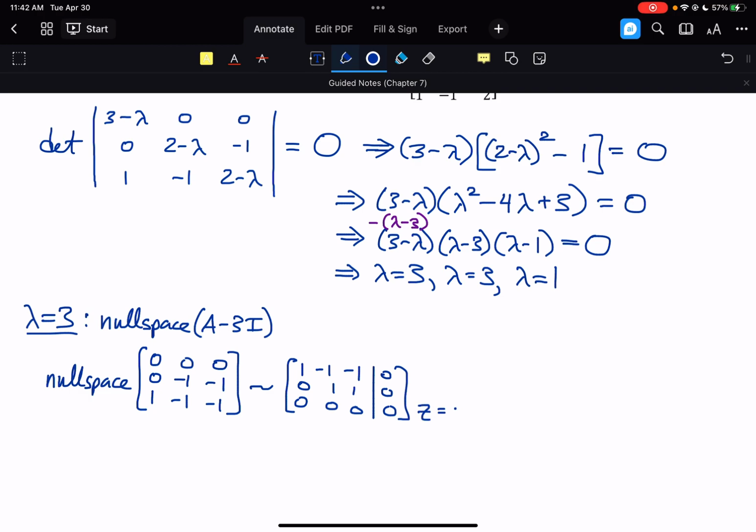So we get z will be a free variable t. X and y will both be in terms of that. So y will be negative t. X will be, that's negative negative t, so that's t minus t. So x is actually 0.